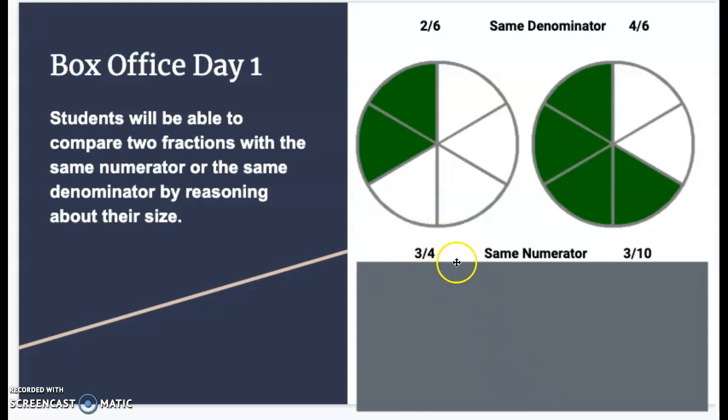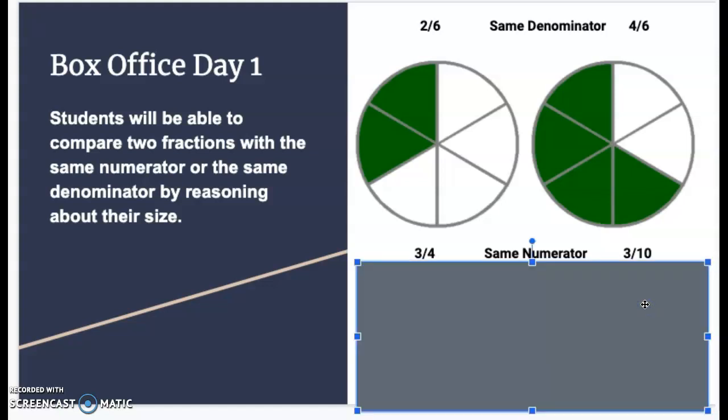So here we have a whole broken into fourths, and here we have a whole that's broken into tenths. Before I show you the area model, I want you to think, which pieces are going to be larger? The whole broken into 4 pieces or the whole broken into 10 pieces? Which of those pieces are going to be bigger sized pieces?